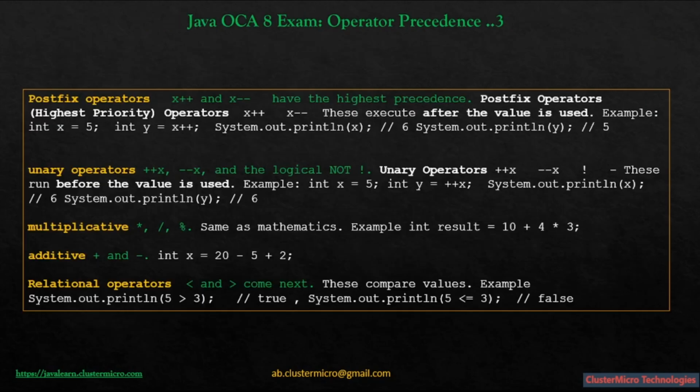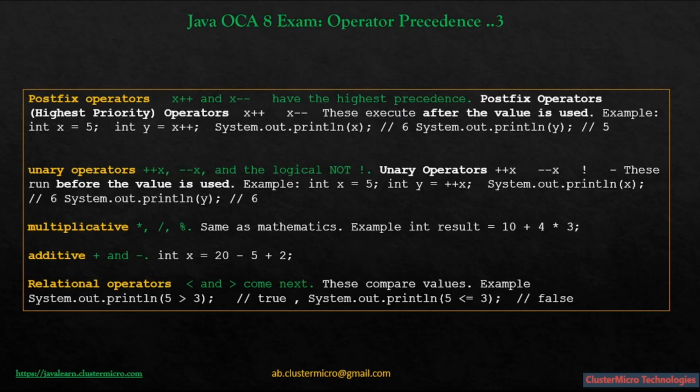Postfix operators, x++ and x--, have the highest precedence. They are called postfix operators because they come after the variable name. These operators use the current value first and then perform the increment or decrement.